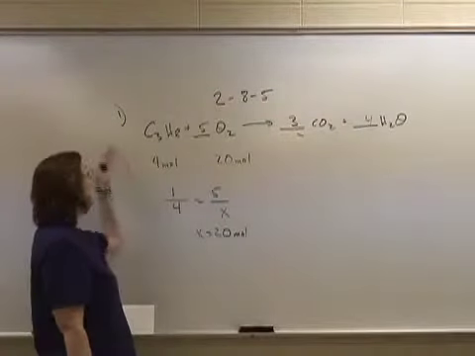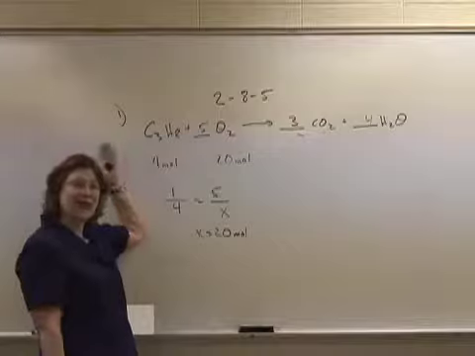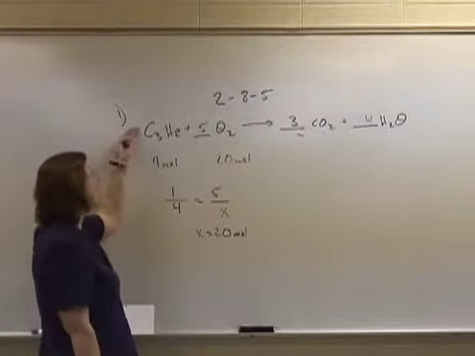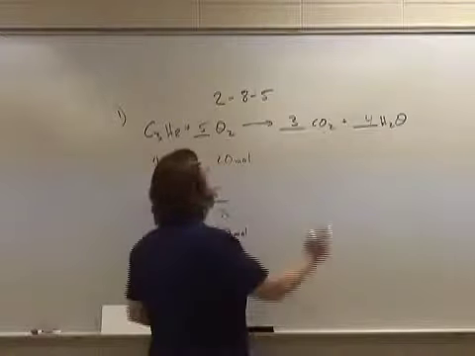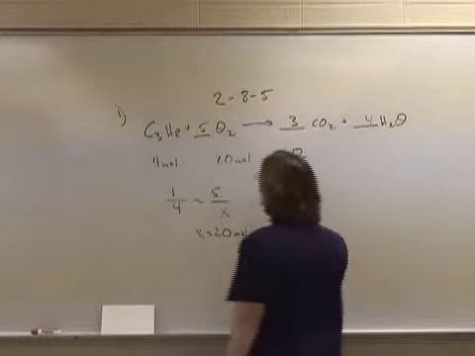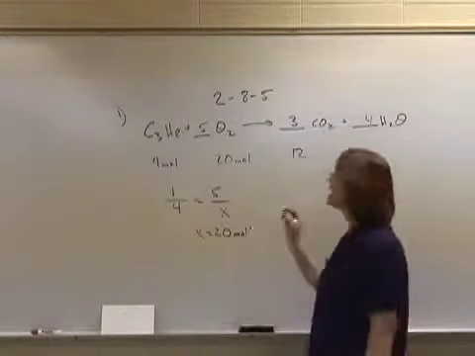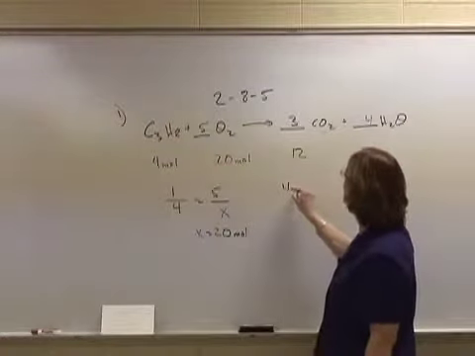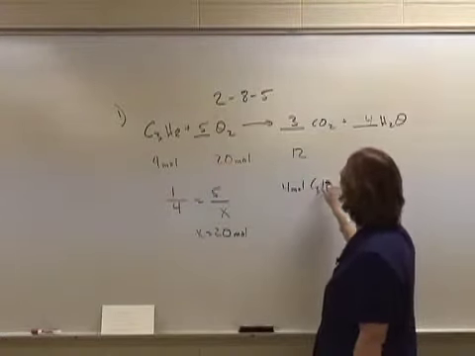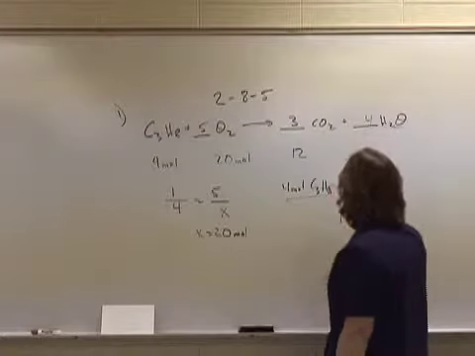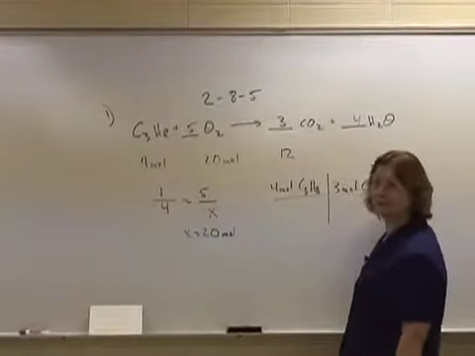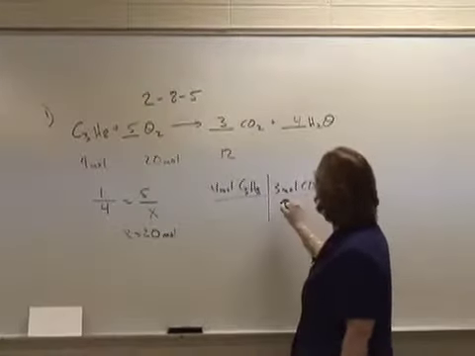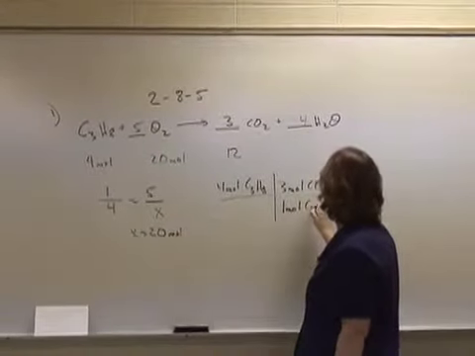Well, I'm going to use the propane because I can see that 1 is to 4 as 3 is to 12. Again, the way I would do that is that I have 4 moles of my propane. There are 3 moles of carbon dioxide for every 1 mole of propane.